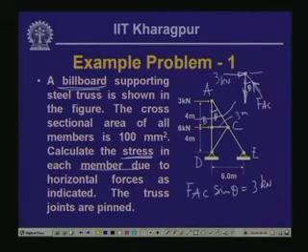Now sin theta from this is equal to 3 by 5. This is 4, this is 3, so this length is going to be equal to 5. So sin theta is equal to 3 by 5, so FAC is equal to 5 kilonewton.